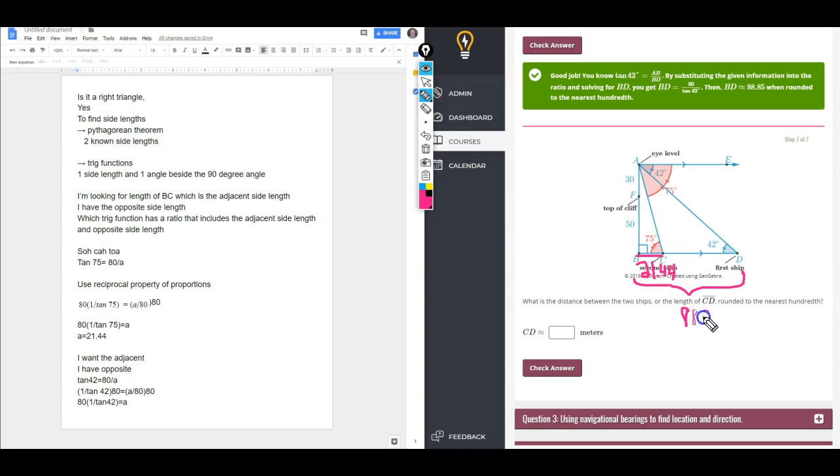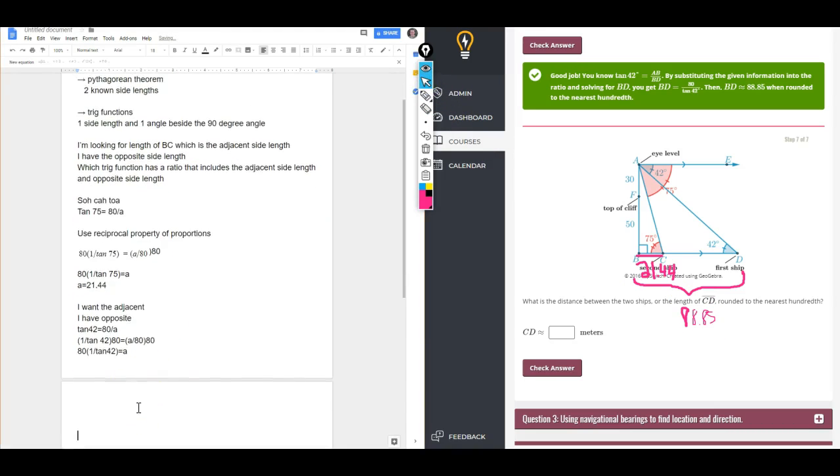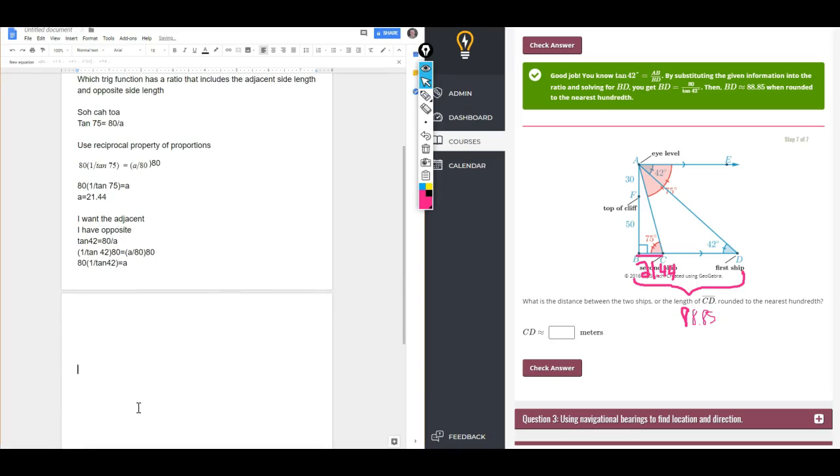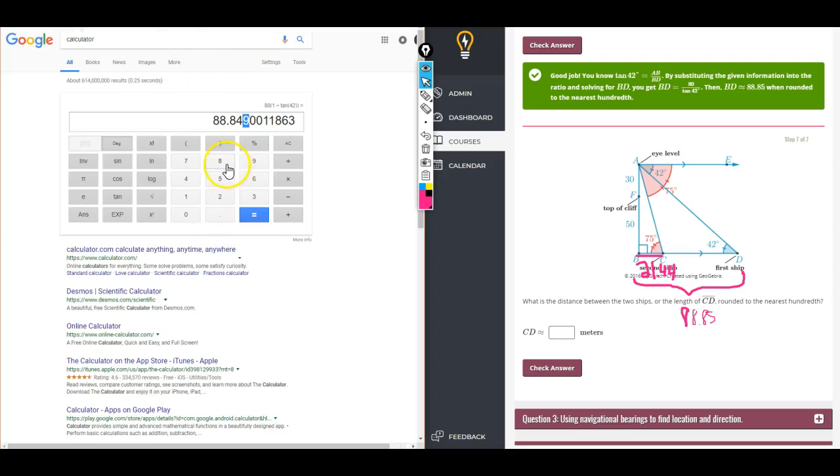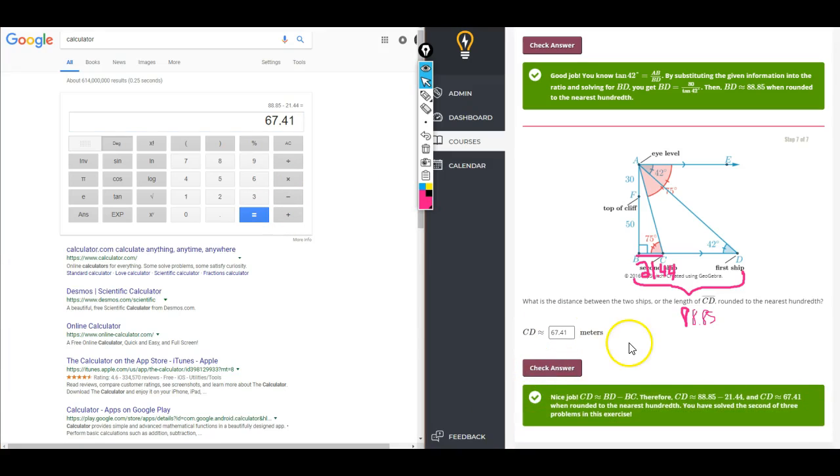So to find our length of CD, we would take our total distance, which is 88.85, and subtract our length BC, which is 21.44. And what does that come out to be? So 88.85 minus 21.44, 67.41. There you have it.